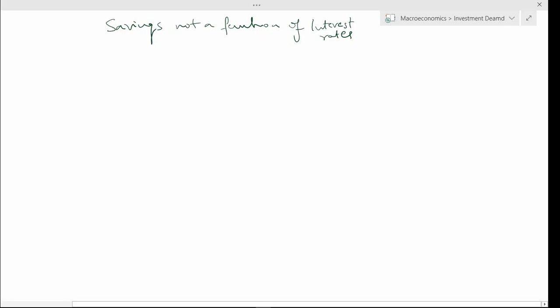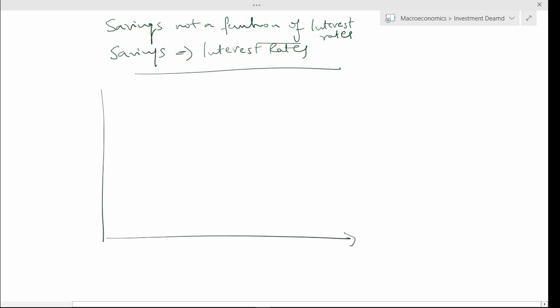So now we are taking another case. Until now we had seen savings was not a function of interest rates. So when I'm talking about interest rates, real interest rates, however this is going to change.